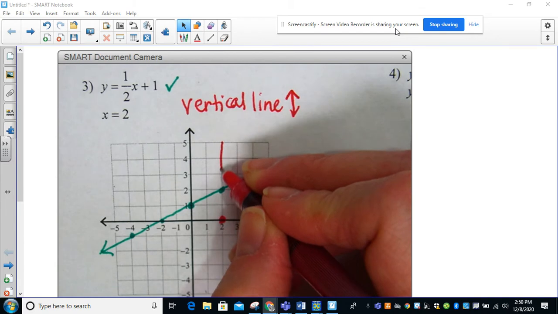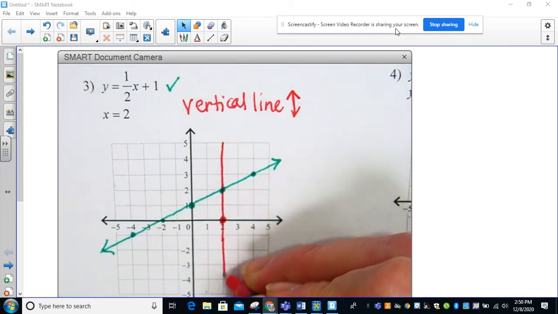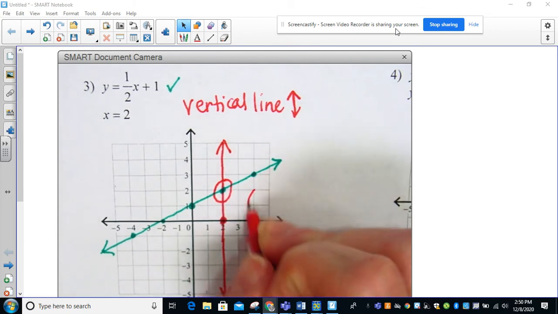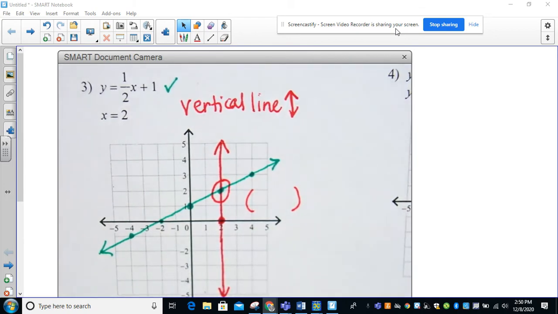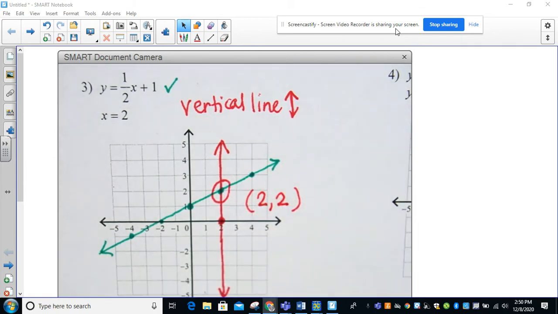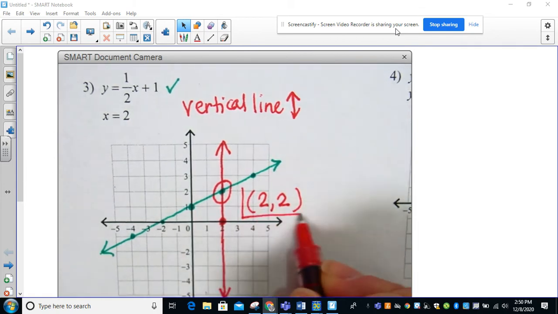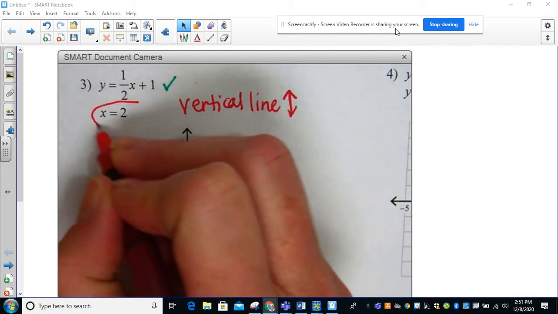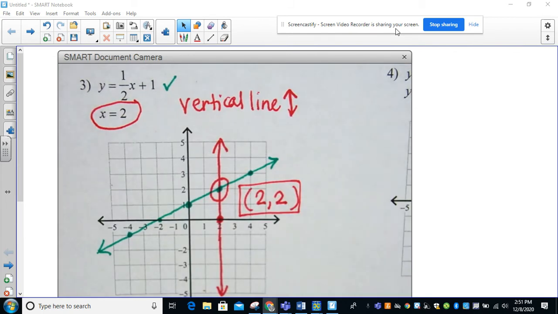So I will draw a line through 2, right there. And so right there is my solution. It's where those two lines touch, and the coordinates are 2, 2. That's your solution to that one. Make note that vertical lines are when you have x equals a number.